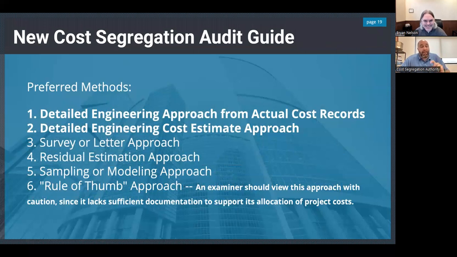He sent me the depreciation schedule. It was actually a client that he had inherited from a previous CPA, so it wasn't him, thank goodness. But the depreciation schedule said apartment building, $1 million, appliances, $40,000, parking lot, $60,000. The CPA had just gone through and cherry picked some of the easy categories and put in these big round numbers.